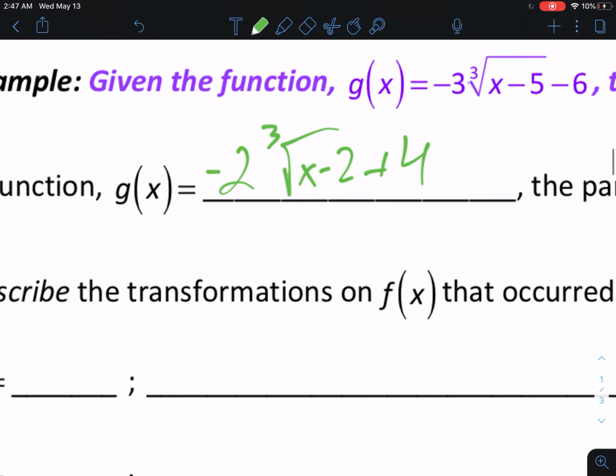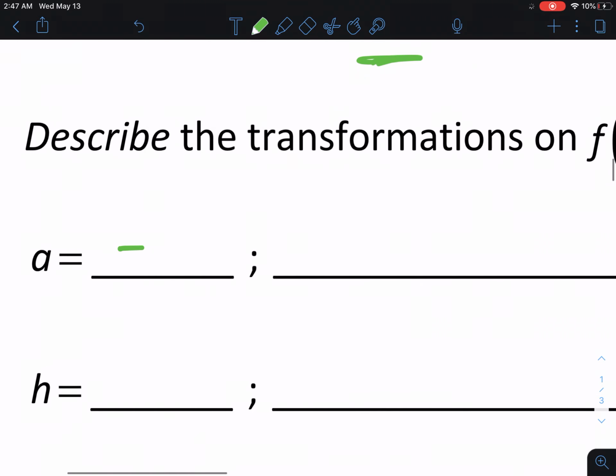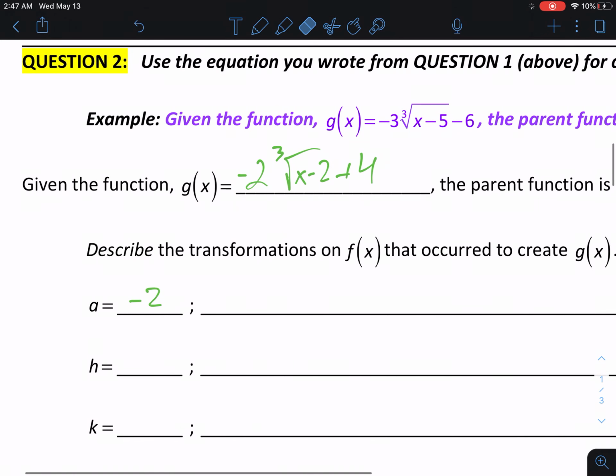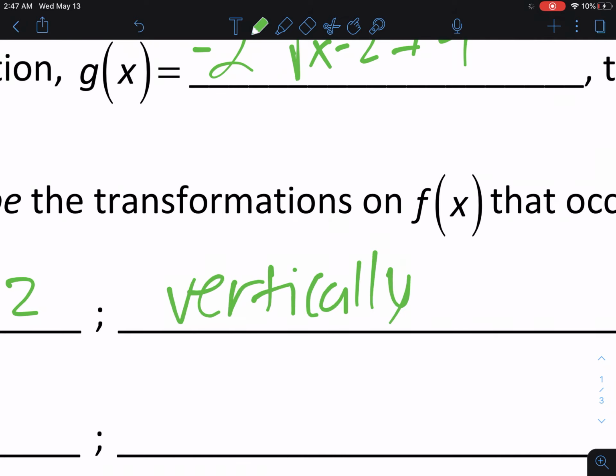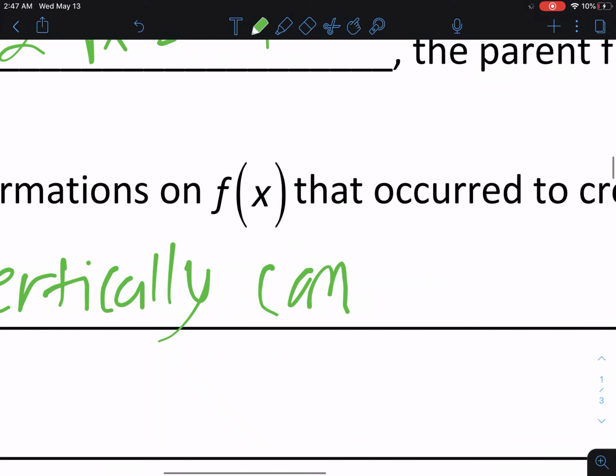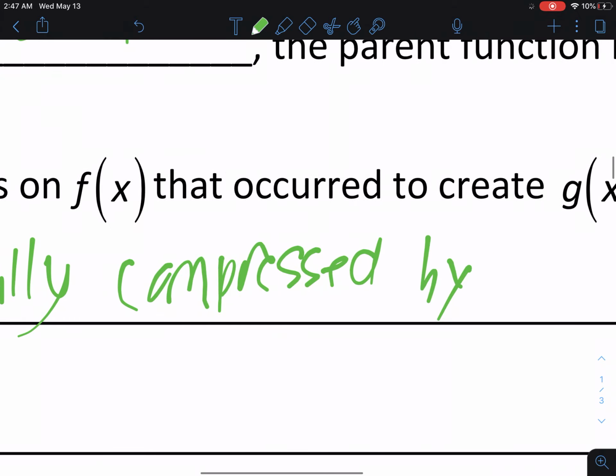Now for a, a equals negative 2. So now the transformation is a vertical compression, vertically compressed by a factor of 2.